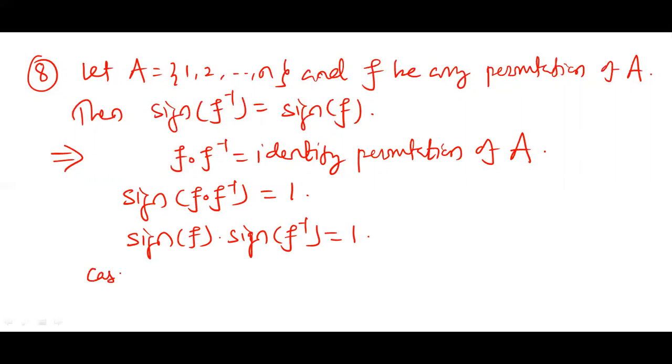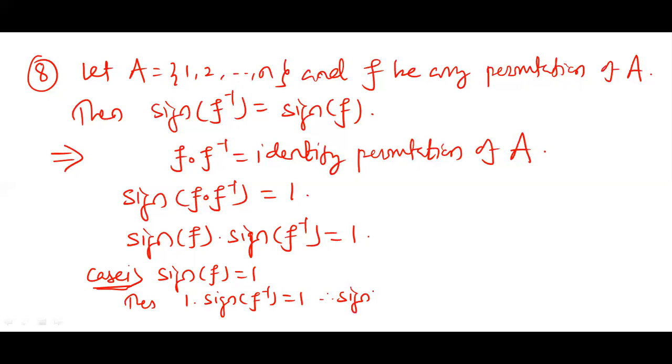Now case 1. We know that the signature of any permutation is either 1 or minus 1. Case 1, the signature of f is equal to 1. Then 1 into the signature of f inverse is equal to 1, and therefore the signature of f inverse is also 1. It means if the signature of f is 1, the signature of f inverse is also 1.